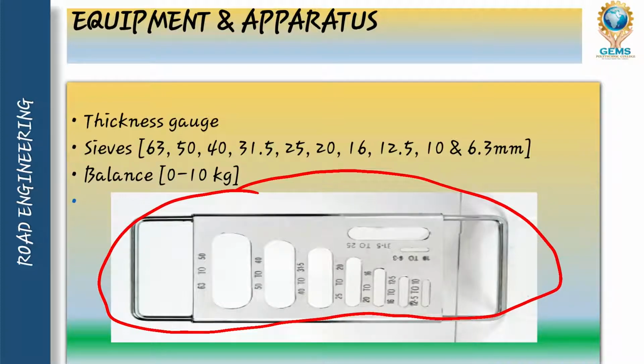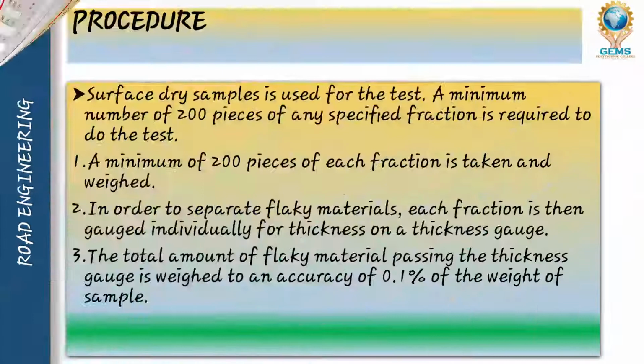According to the varying size, it is given in this image, and this equipment is used for the flakiness test. The apparatus used in this are the thickness gauge, sieves, and a weighing machine. Let us see the test procedure.